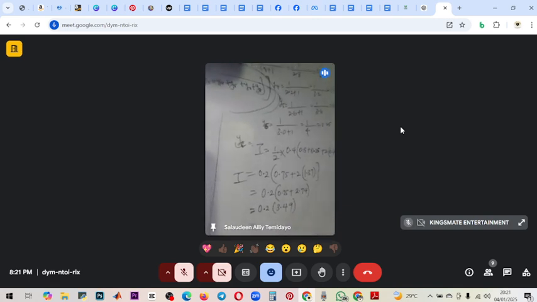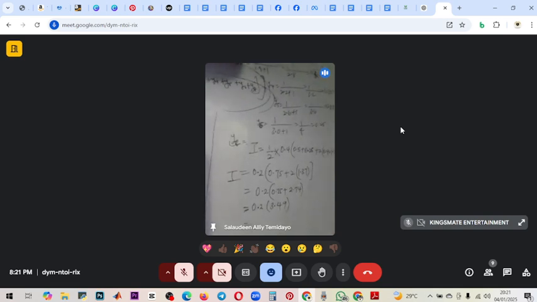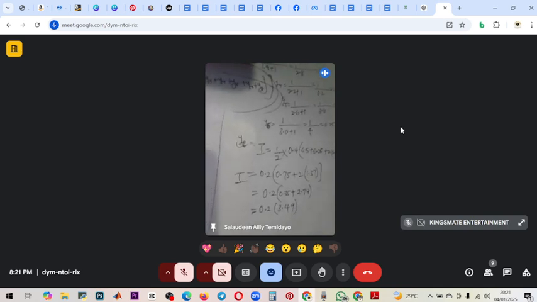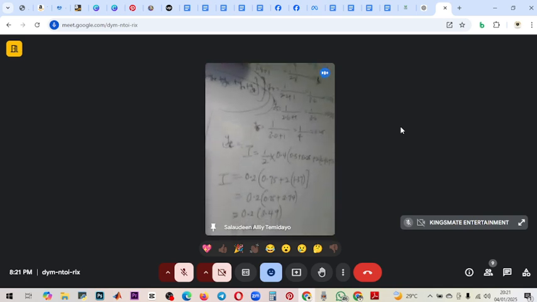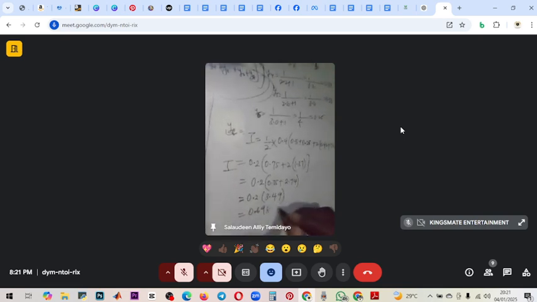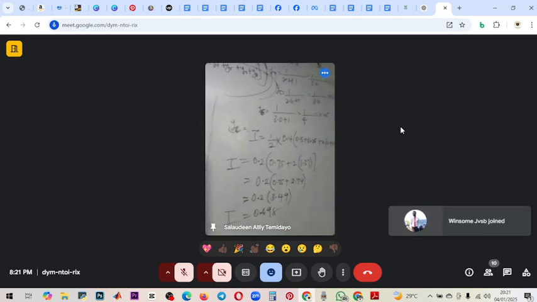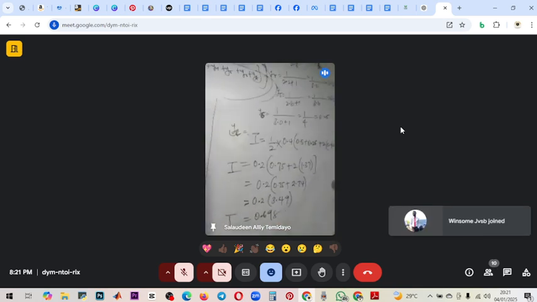So it's 3.49 times 0.2. I'm going to use a calculator for that. That's 0.698. So that is the value of the integral, the final answer. And that is it.